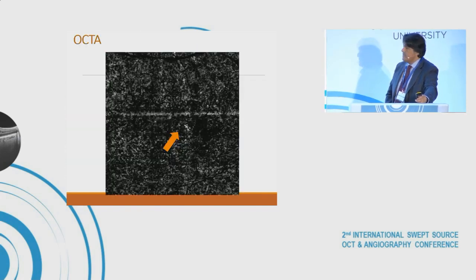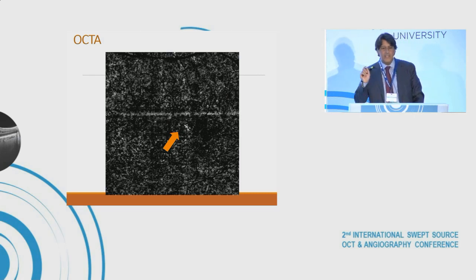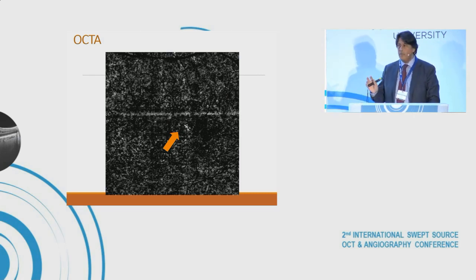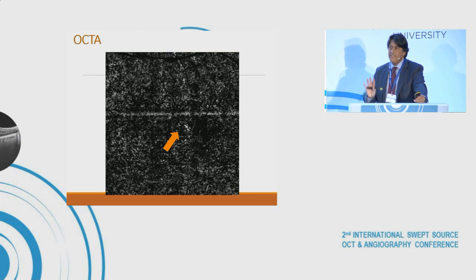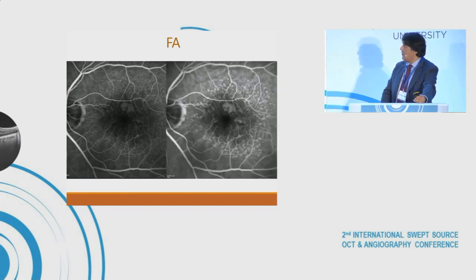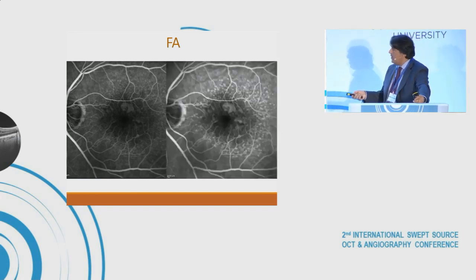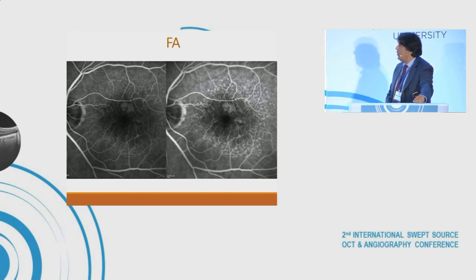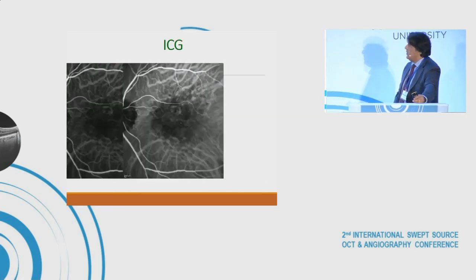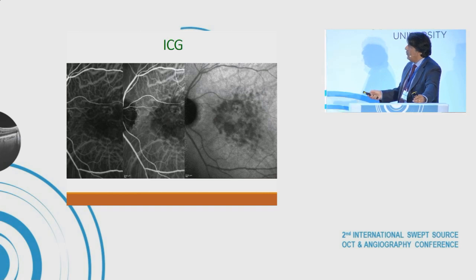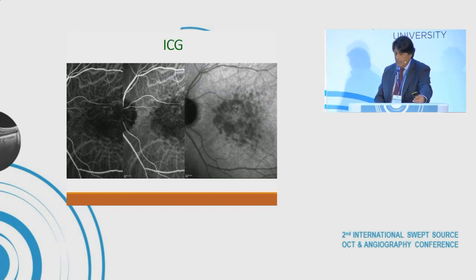Just a small cyst in this patient, and OCTA can detect a minimal flow, but we are not sure about what we see on this en-face image. And don't forget to analyze both the en-face image and the B scan. So this is the reason why we try to correlate with the FA and ICG. On the FA, it was not so obvious where the lesion was. On ICG, we can guess there is a small dot here.